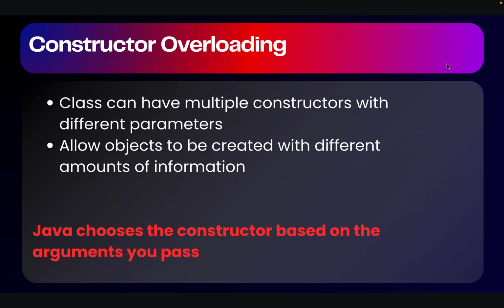Basically, what happens in this case is Java would choose the constructor that it needs to run based on the arguments that you're passing through that constructor. So, for example, you could have a constructor that takes in 2 arguments. You could have a constructor that takes in 4 arguments. You could have one that takes in 1. All of those are going to be their own constructor. And that is an example of, again, method overloading. But basically, they will all have different functionalities based on those inputs.